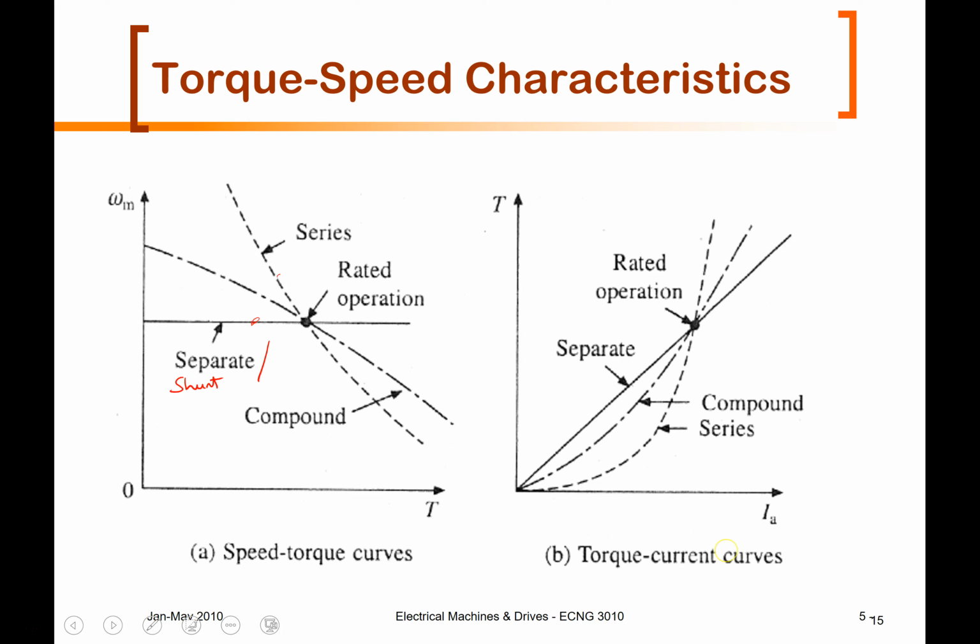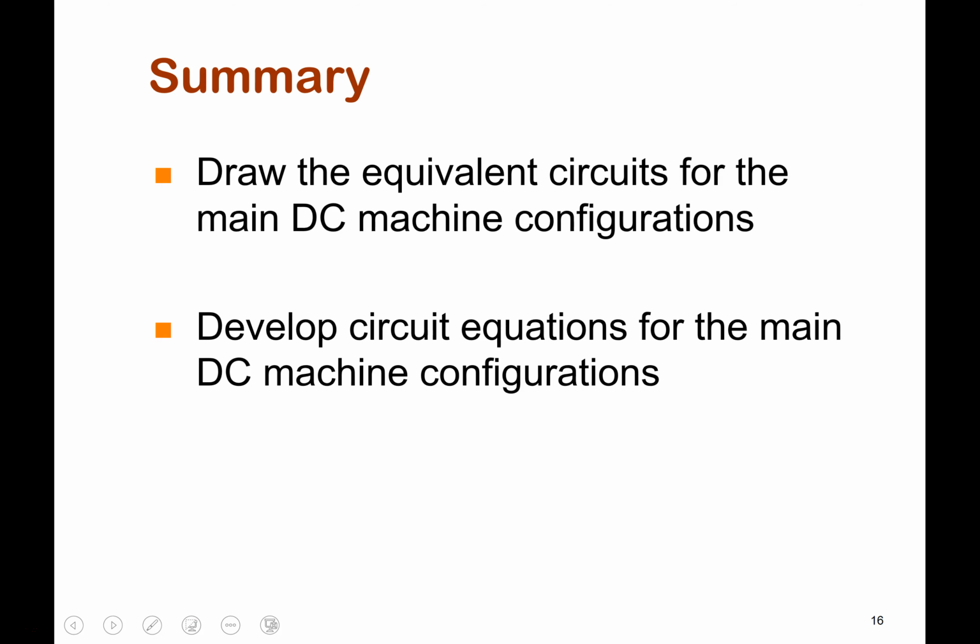Now, that brings us to the end of this section, and by now you should be able to draw the equivalent circuits for the main DC machine configurations, which are shunt, series, and separately excited, and develop the circuit equations for them.